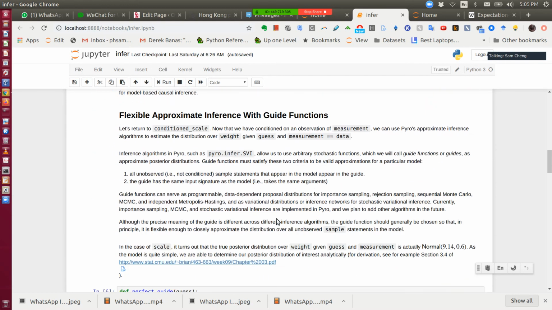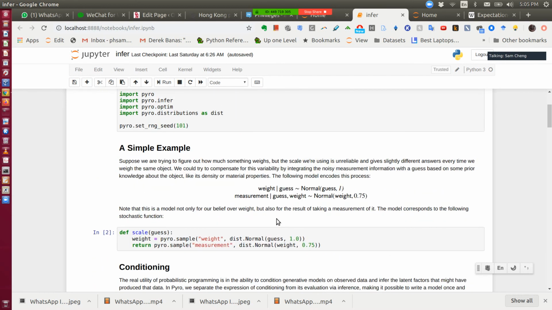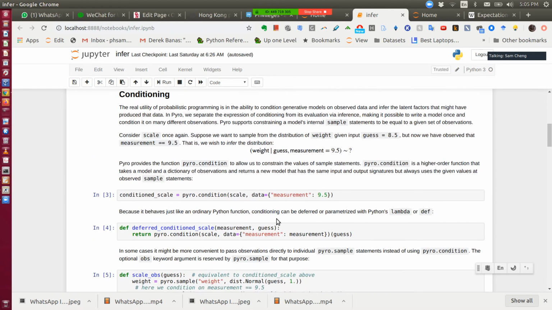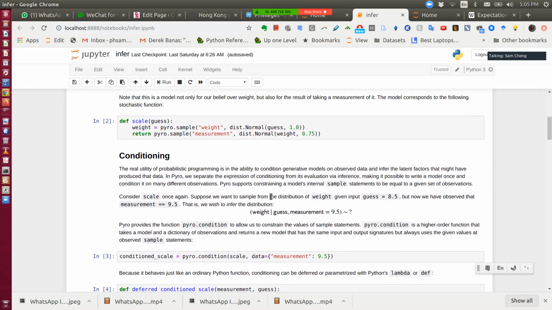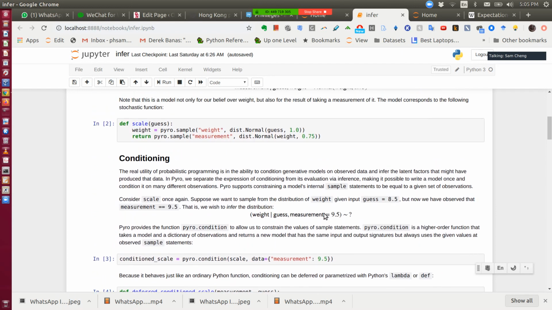But essentially the main point here is: if I have a measurement of 9.5, I want to guess the actual weight. After we spent a couple weeks on the Gaussian distribution, you know that we can compute that exactly. You can write it down.